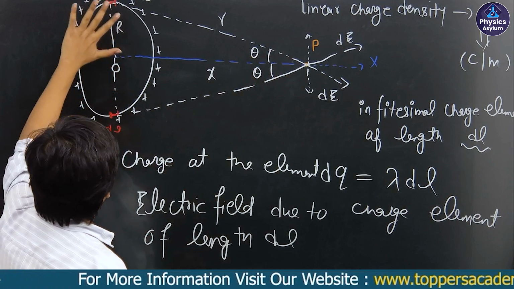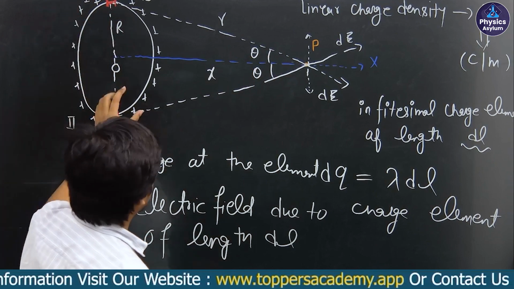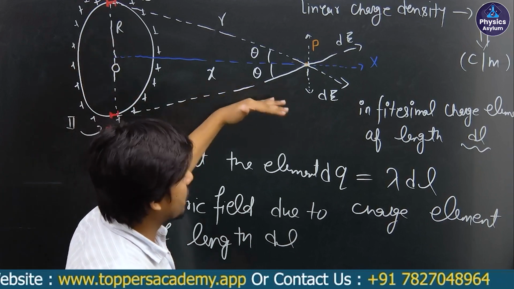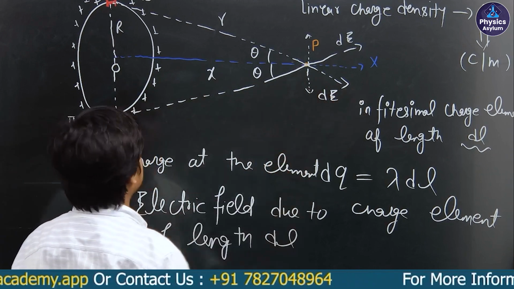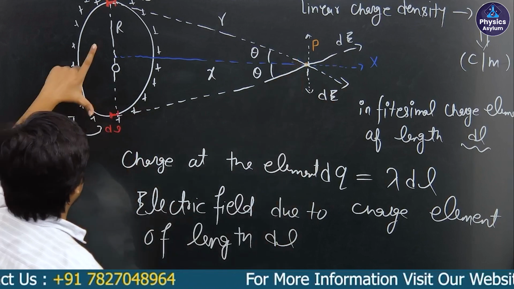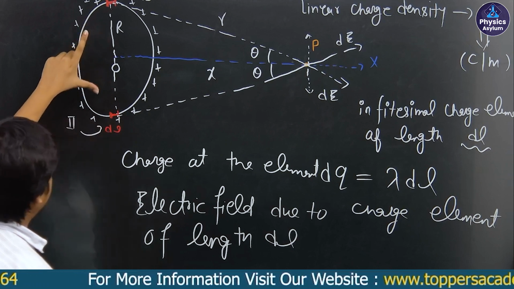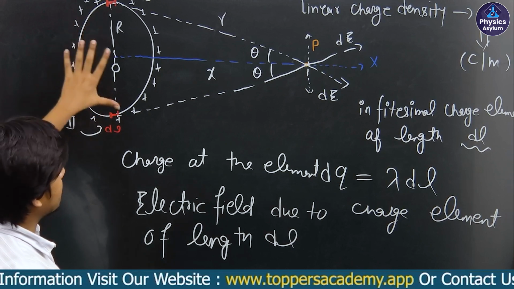So due to this charge ring, the electric field will be only in the horizontal direction, because the vertical components of the electric field by the diametrically opposite elements will cancel out each other.